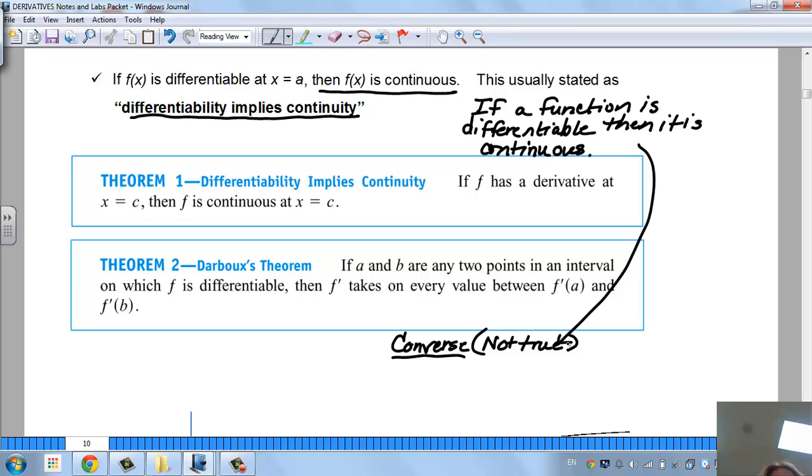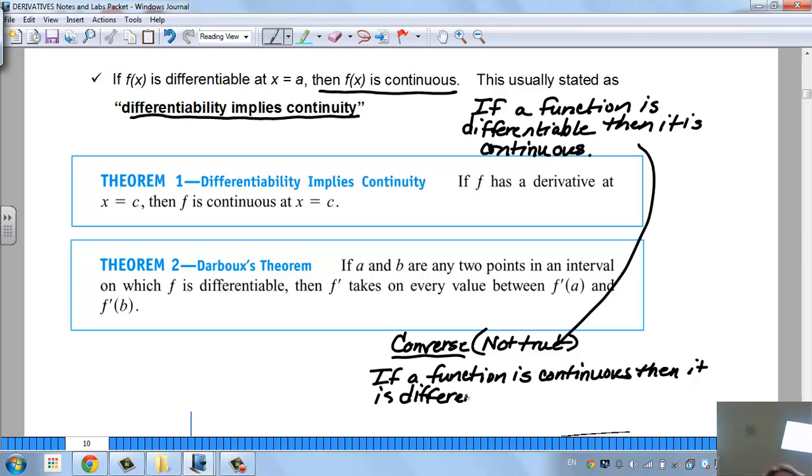So the converse says, if a function is continuous, then it is differentiable. And that is not true. Just because it's continuous does not mean that there's a derivative there. Okay? So this is not true.